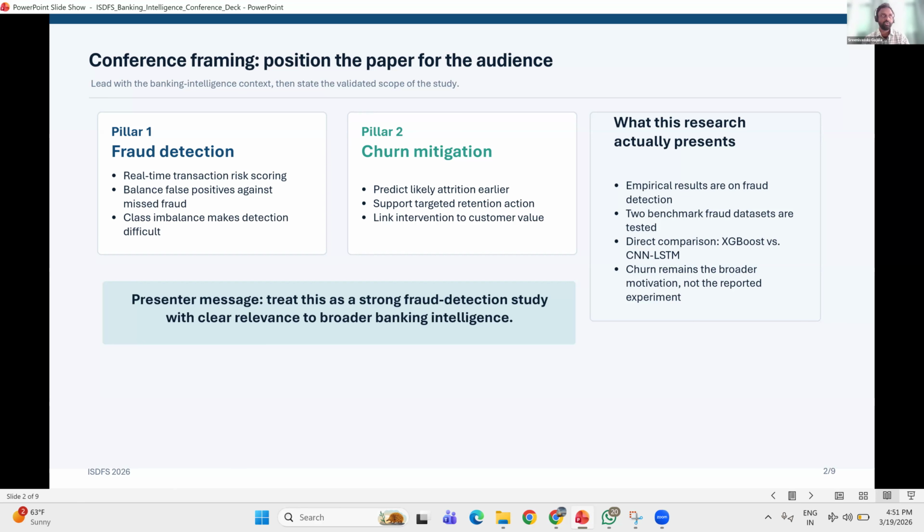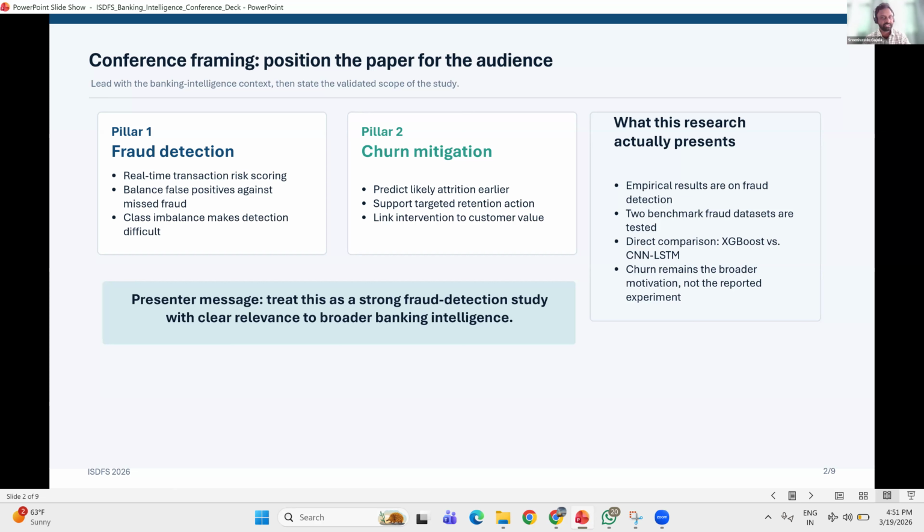Usually there are real frauds coming in for different reasons, like unexpected button clicks or external attacks. Based on that, it shows whether it is a false positive, a true positive, or a false fraud. All of these come into pillar one, fraud detection.